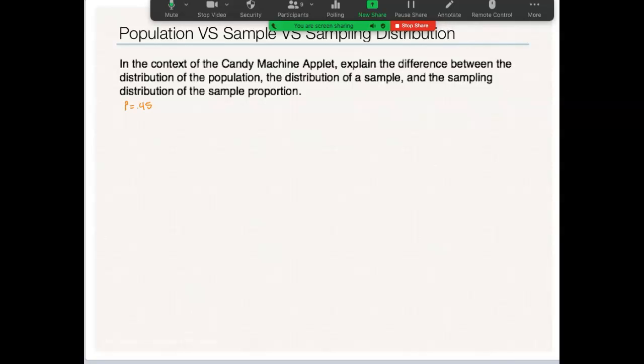So that means the population would look like this. And this is a categorical variable, so it's going to be a bar graph. And the bar graph would just have two bars.